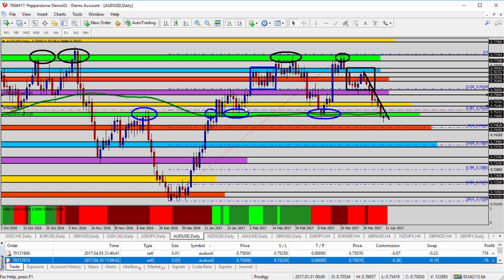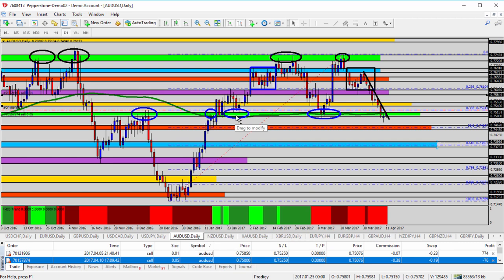We come back a little bit further, there was some more support on the second blue circle to the left from the right. Then we see some resistance here, a little smaller blue circle, and even on the far left-hand side of the chart, we see some resistance into that green zone around the last blue circle. So we know there's been resistance under the green zone, and even resistance under the moving average.